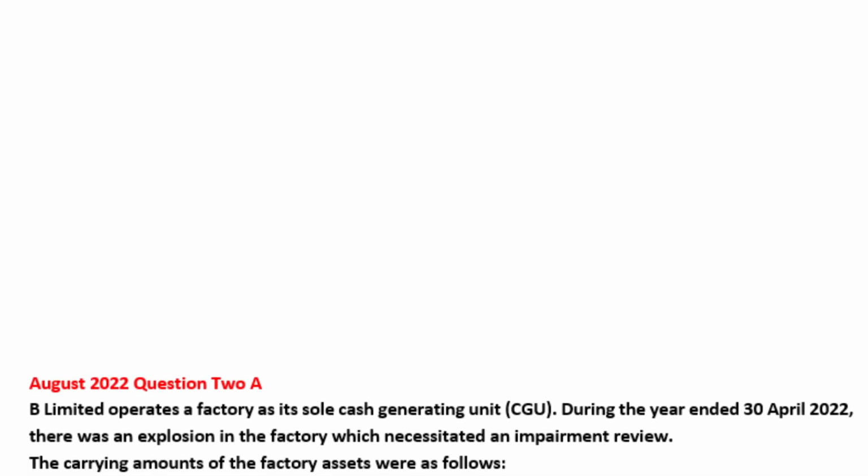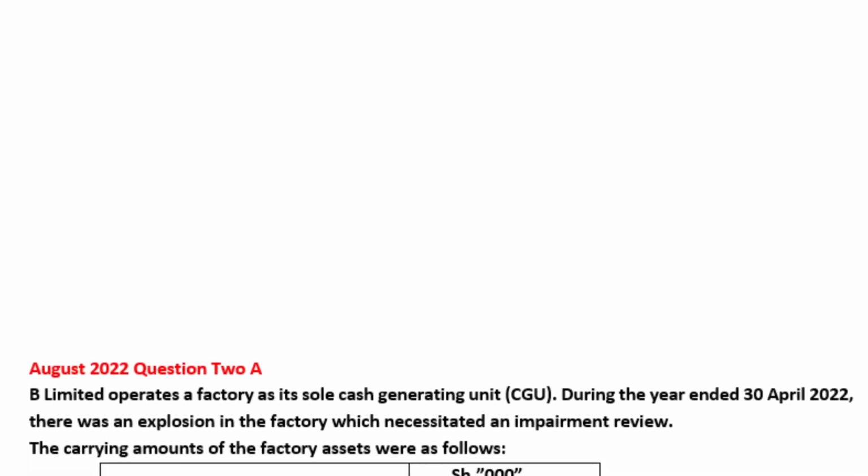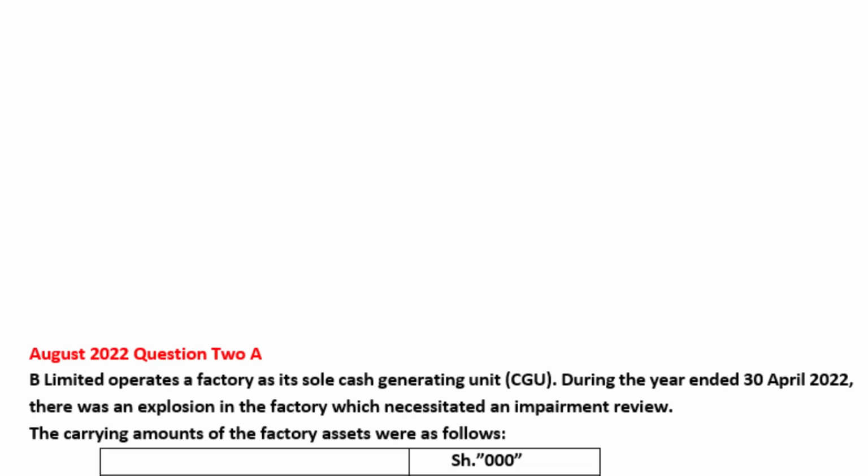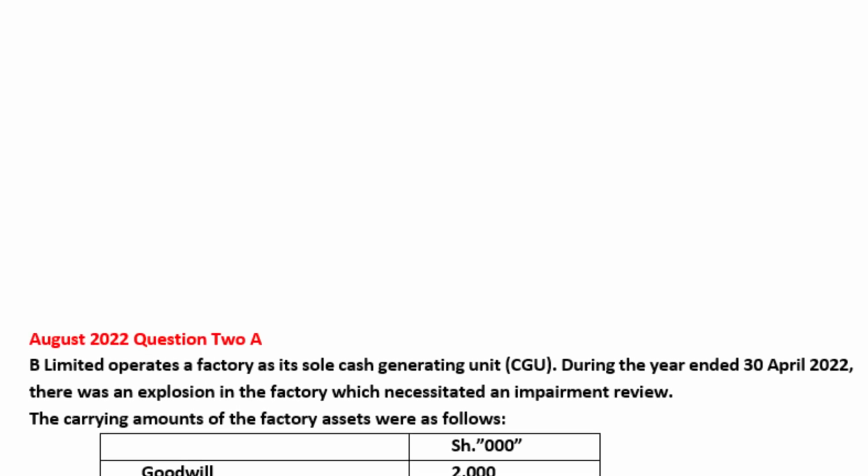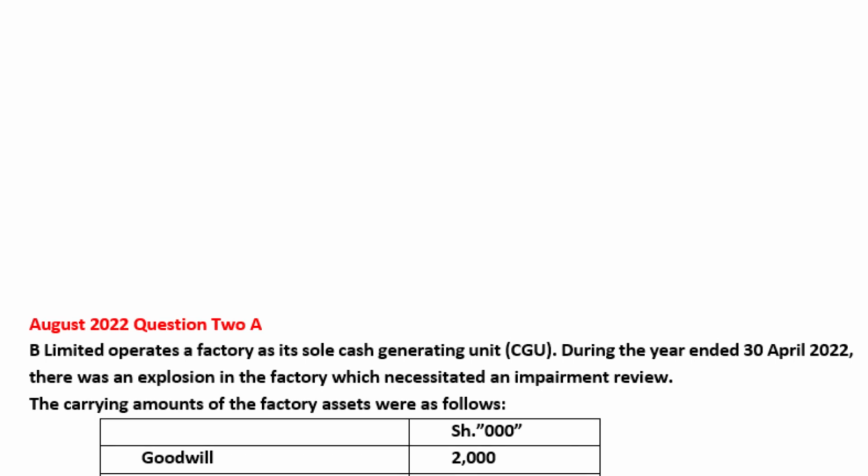The question reads: B Limited operates a factory as its sole cash generating unit. During the year which ended 30th April 2022, there was an explosion in the factory which necessitated an impairment review.